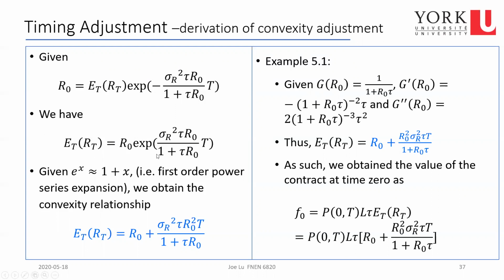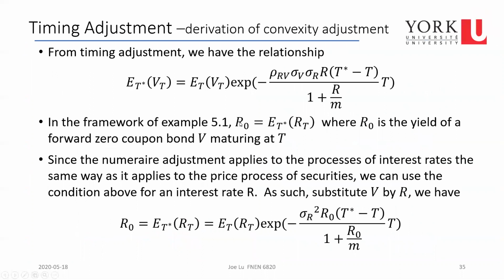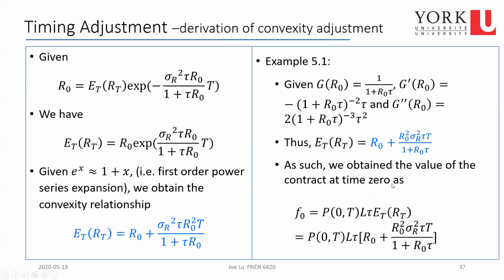So R times that will get R plus R times the one in the bracket. That's where you see this R naught square here. Then you compare that, and you see this thing here is exactly that, which shows that a convexity adjustment here is really the timing adjustment when we have R naught equal to this particular expectation. So this is true for the zero coupon bond.